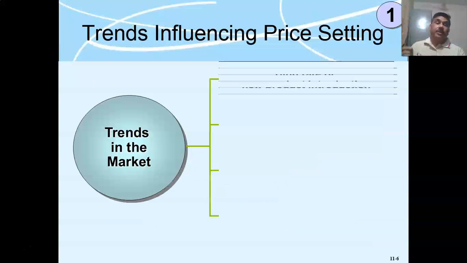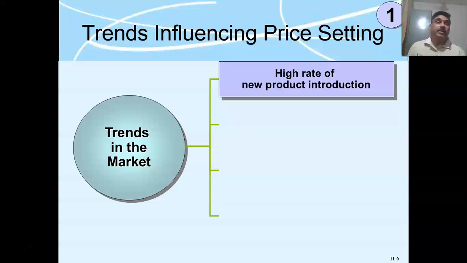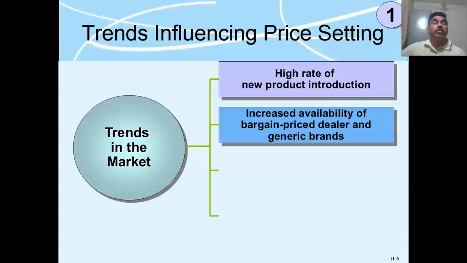Then trends in the market: the trends influencing price settings. What are the factors that influence price setting? High rate of new product introduction. Whenever new products are introduced in the market, that can be one of the factors that influence the price. Then increased availability of bargain priced dealer and generic brands.